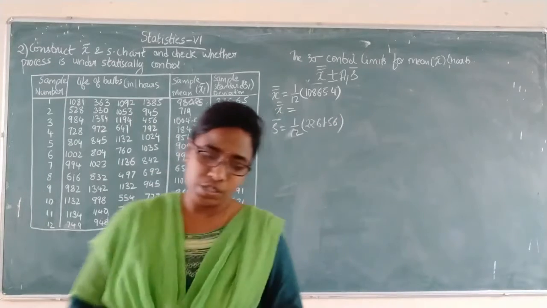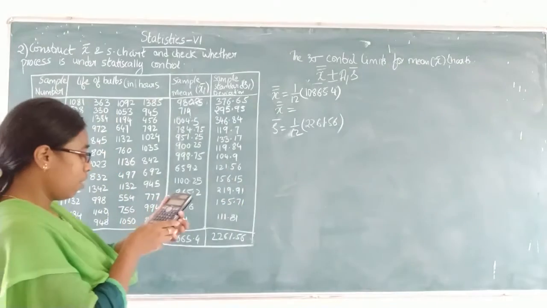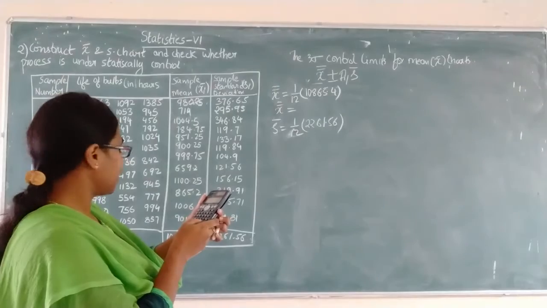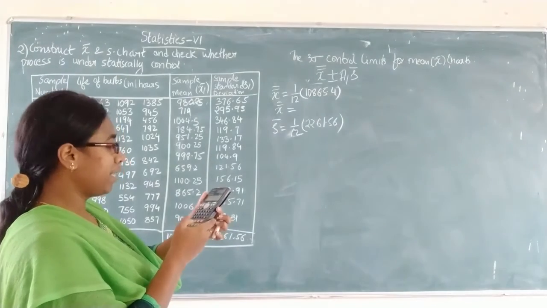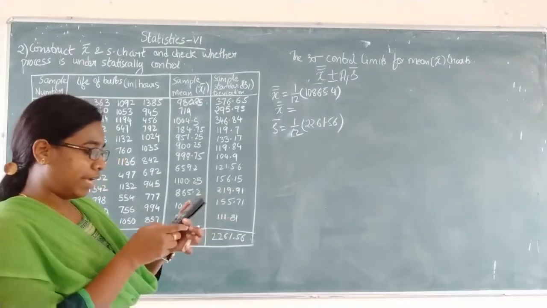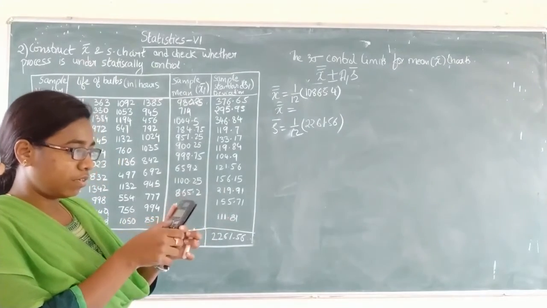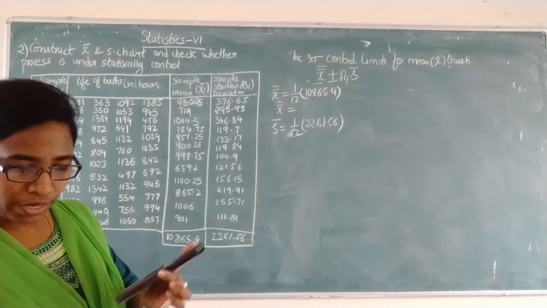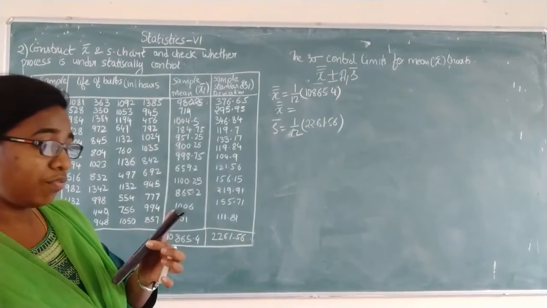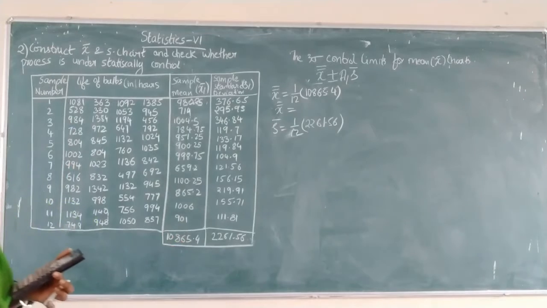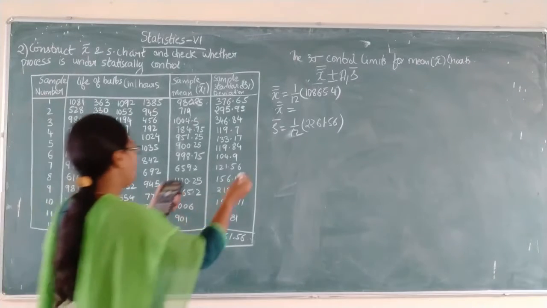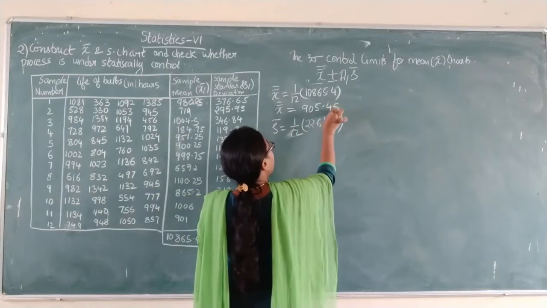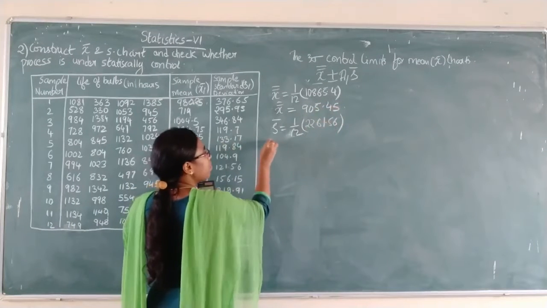Now find the answers for this. 10865.4 divided by 12, you will get the answer as 905.45. So this is the answer for x double bar, that is 905.45.